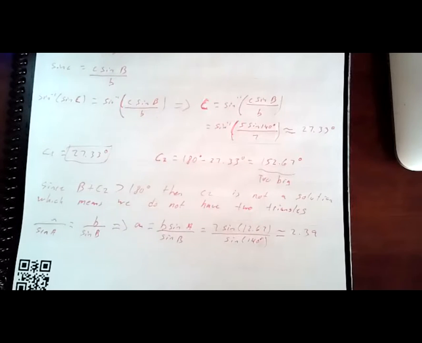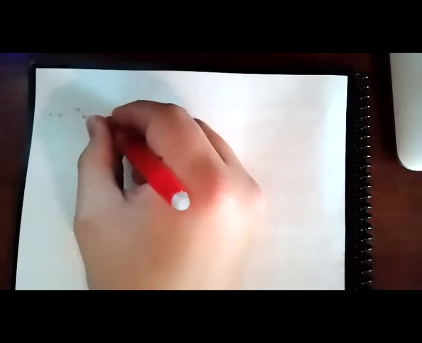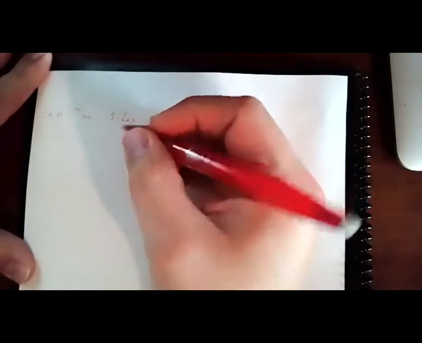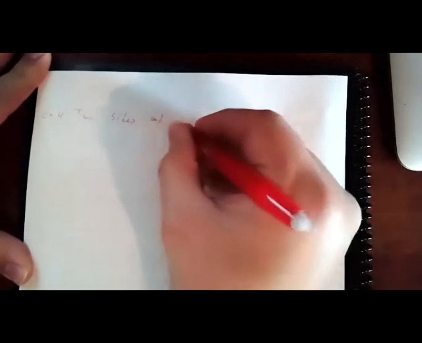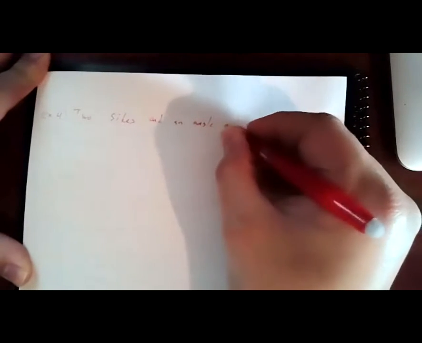Okay, so let's do one that actually has two triangles now. So that one was just us checking, and it turns out there wasn't. This time there will be, but we will check the same way. Okay, so we're given example 4. Two sides and an angle are given.